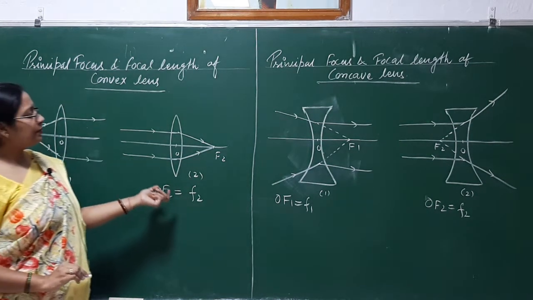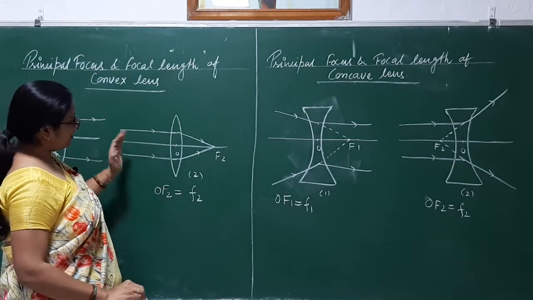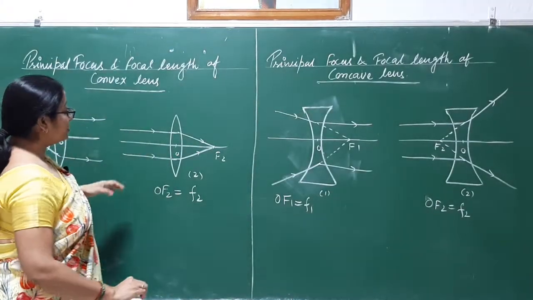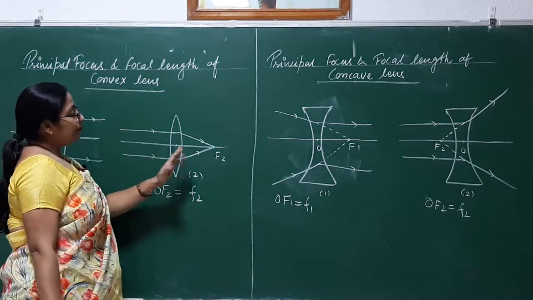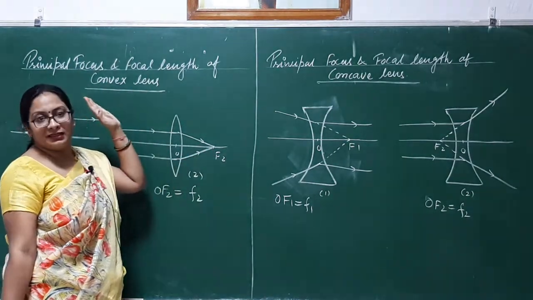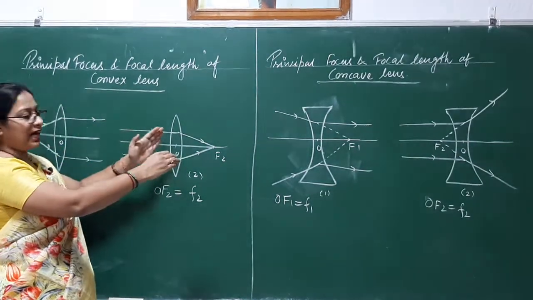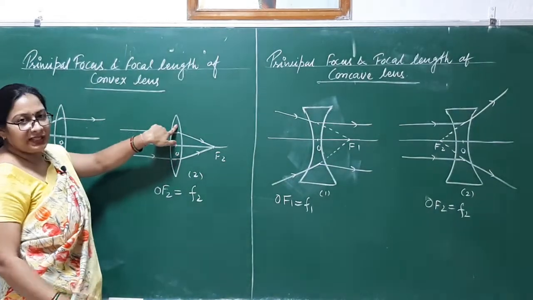Now move to the second principal focus. In this you can see the rays are coming from infinity, parallel to the principal axis. So children, it is a position of image for which the object is at infinity. In this case the object is at infinity and the rays are coming from infinity, and this lens is converging in nature, okay.